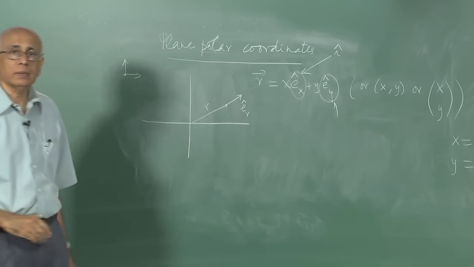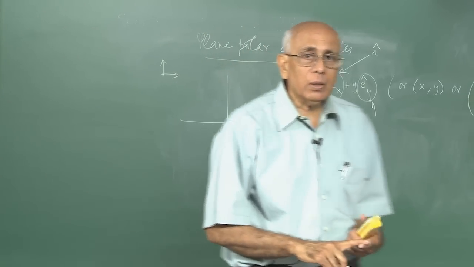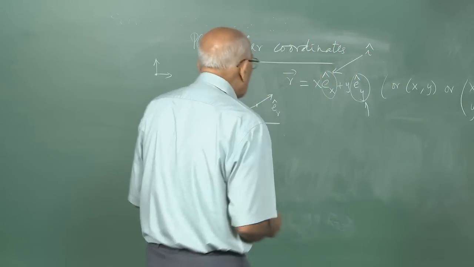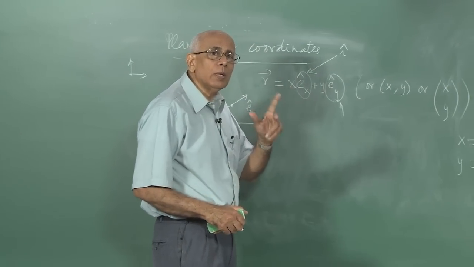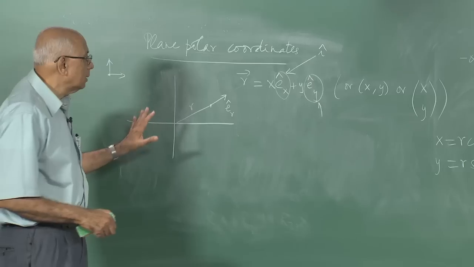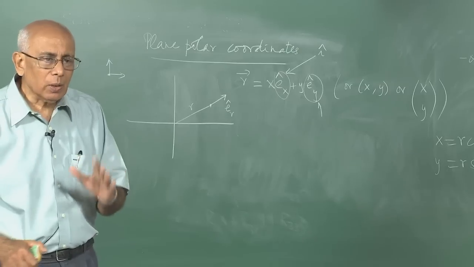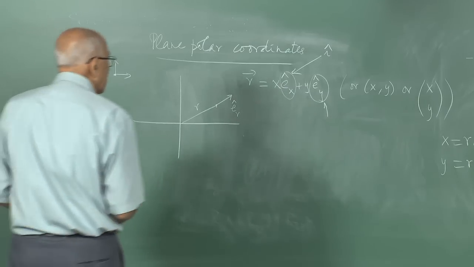But to define the position of a point on a plane, I need two pieces of information. So I need a linear combination. I need the coefficients x and y for two mutually perpendicular vectors which form a basis in this plane. Well, actually you can use oblique axes also, but right now we are talking only about basis vectors which are perpendicular to each other. This is the simplest case.